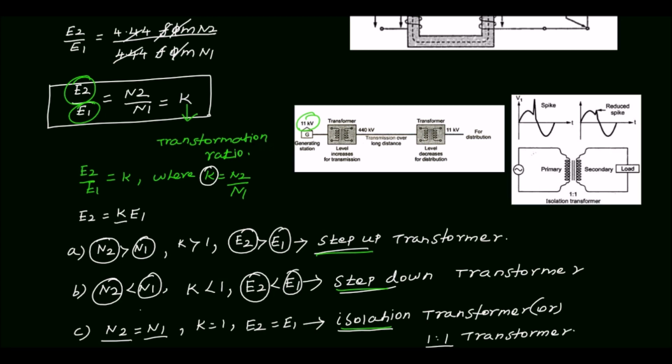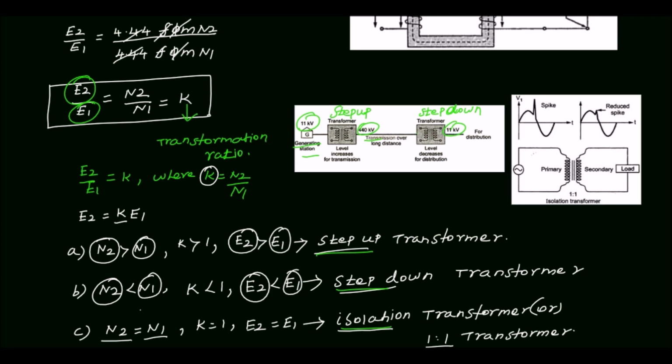So we have the step up transformer between the generating station and the transmission. Here the 11 kV is raised to 440 kV. Then this 440 kV is transmitted over the transmission line. Then at the end of the transmission line, before the distribution, we have the step down transformer to lower this voltage to 11 kV.